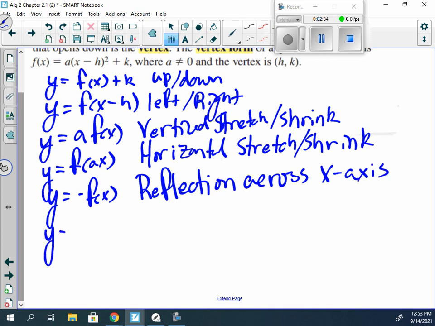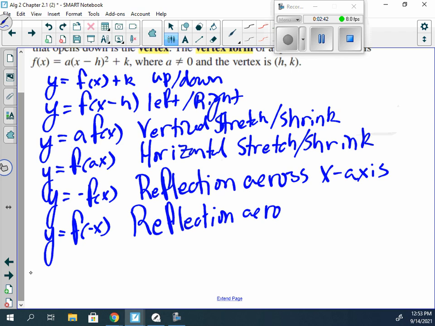And our last one, y equals f of negative x is our reflection across the y-axis. And these are all the ones we had from 1.3 when we really were talking about the overall transformations.